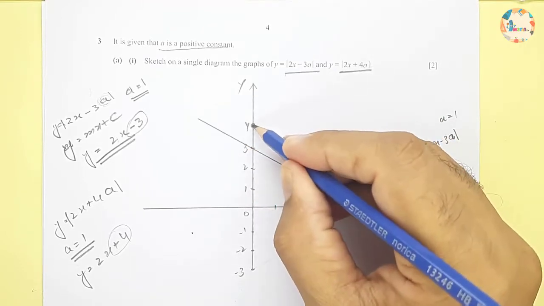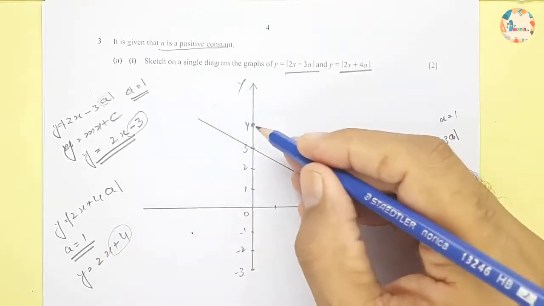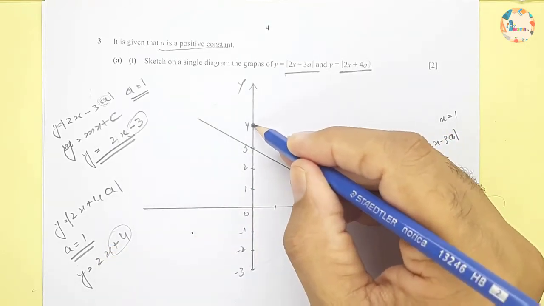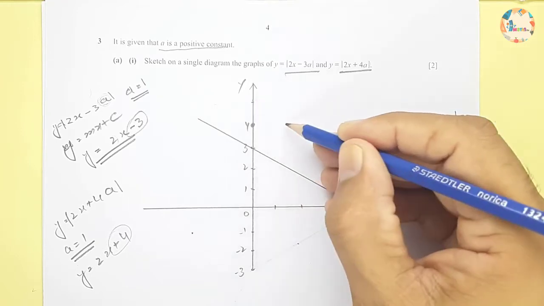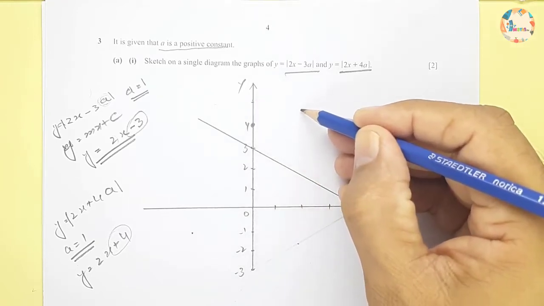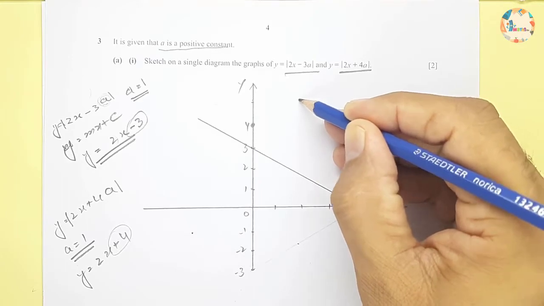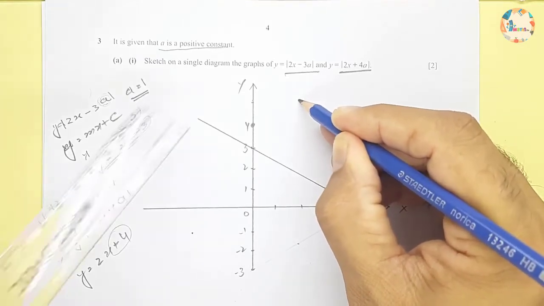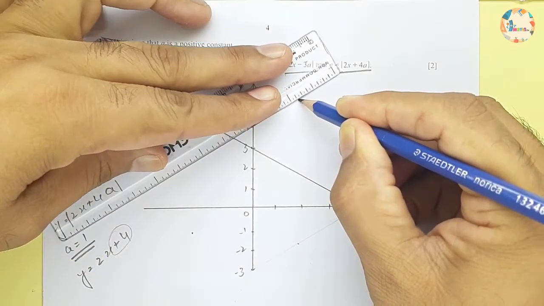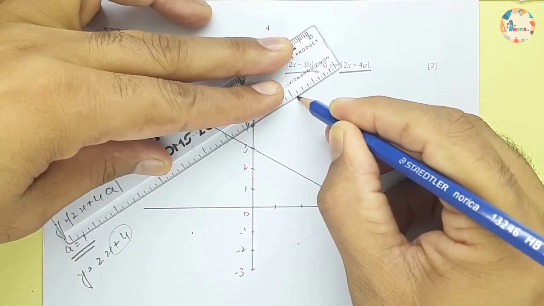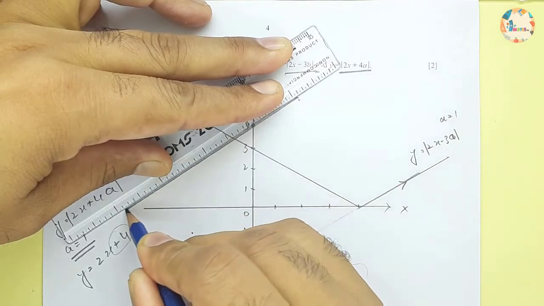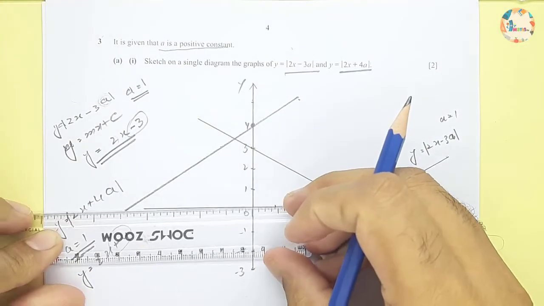It passes through this point, and the slope is positive again. So this line will be passing through this one. We can draw it, and for example over here we can extend it.